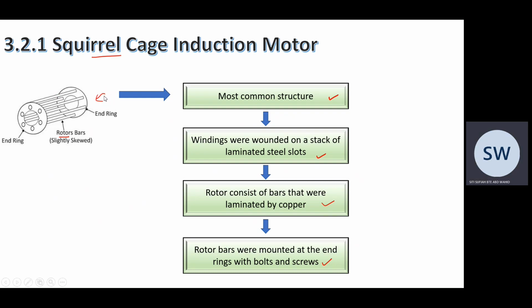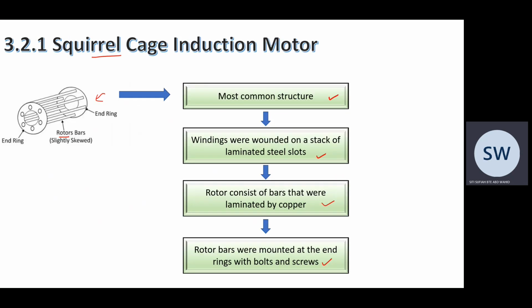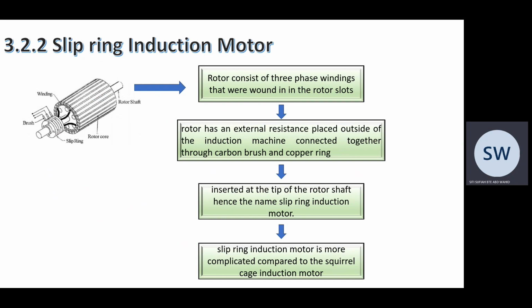You can compare it with the second type, that is slip ring. Very different. For slip ring, the rotor consists of three-phase winding that were wound in the rotor slots. On the rotor, it has external resistance placed outside of the induction machine connected together through carbon brush and also copper ring.